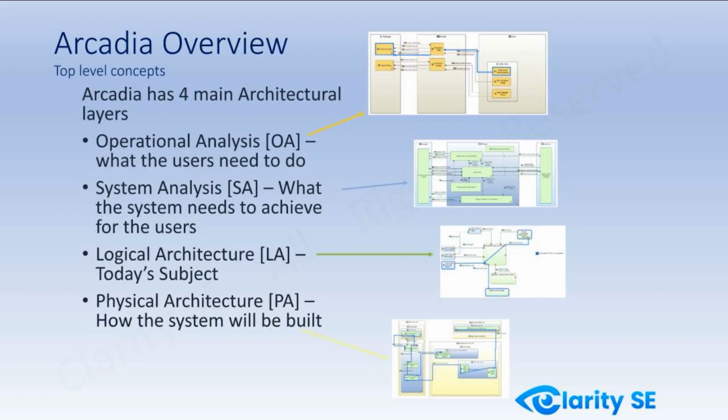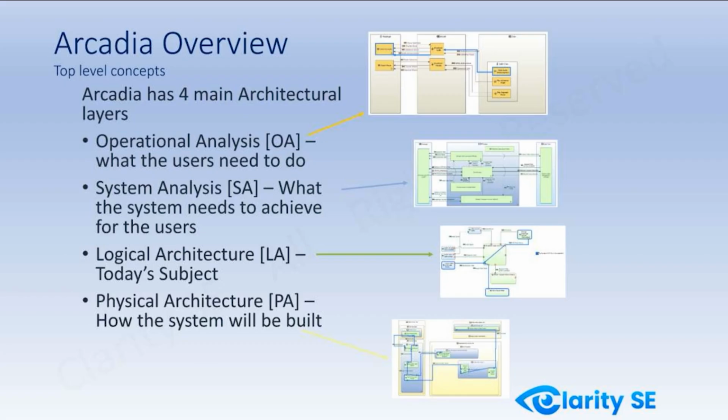The next layer then is the system analysis layer, where we do a black box style analysis. So we can draw a box around all of the activities that are actually performed by the system, and then we leave the activities outside the scope of the system that are performed by the various actors, which could be people or other systems.